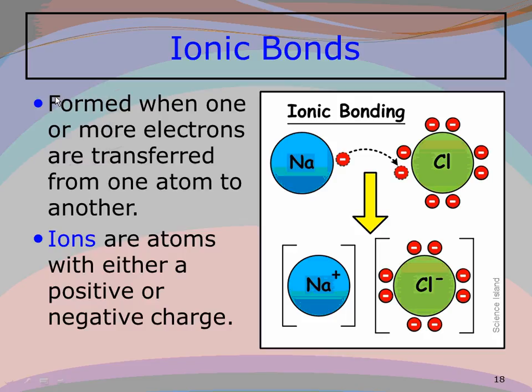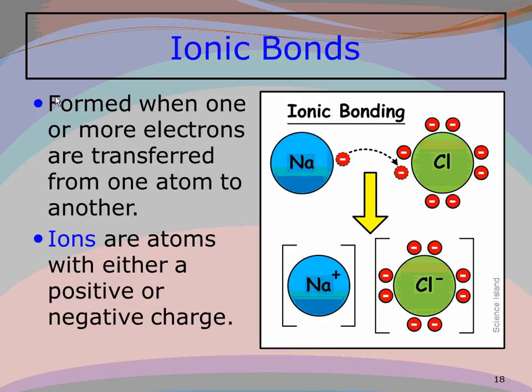So ionic bonds are formed when we form ions first. And if you guys remember, an ion is an atom that has lost or gained electrons. So an atom that's gained or lost electrons is an ion. And since they're no longer balanced, they have a charge.